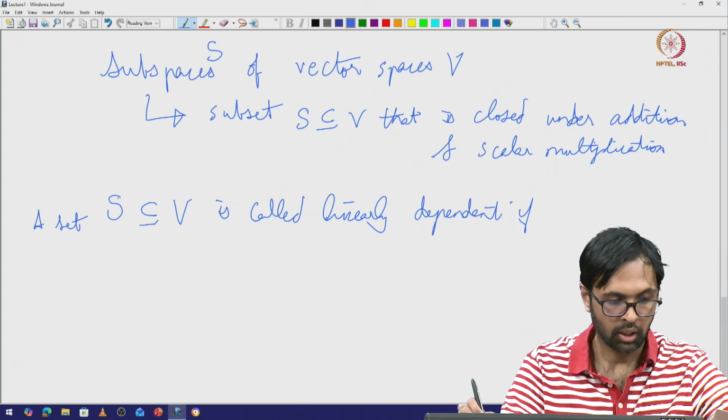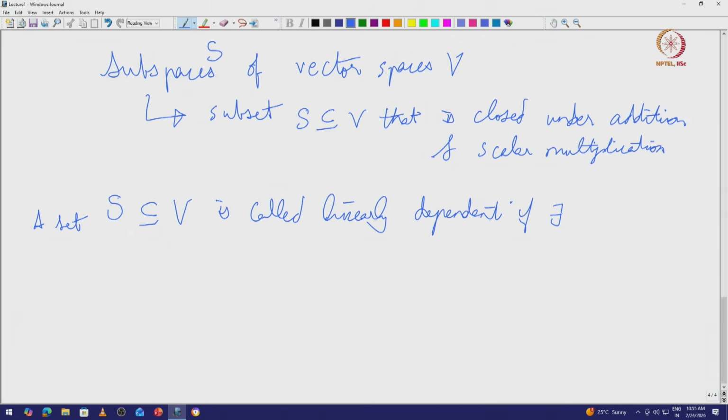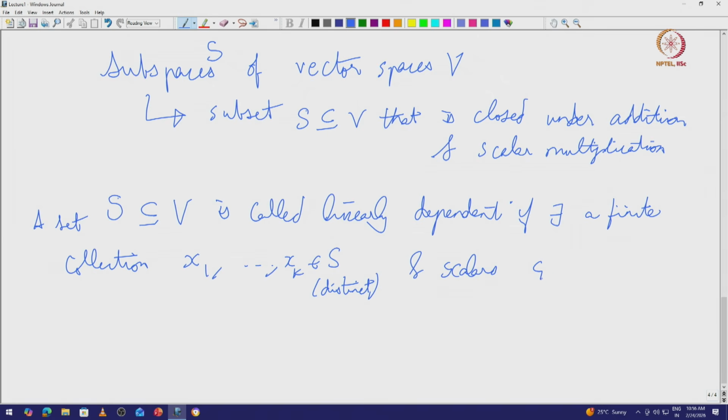If there exists a finite collection of vectors, let's call them x1 until xk in S, and I'm assuming they're distinct, I'm not repeating these things, and scalars c1 until ck, not all 0, at least one of them must be non-zero, such that the sum over i from 1 to k of ci xi is 0.